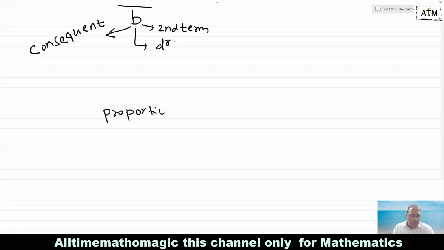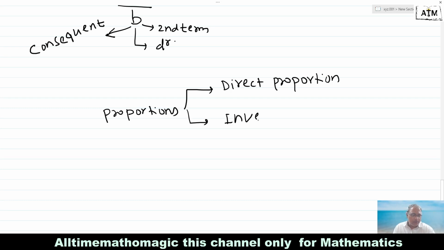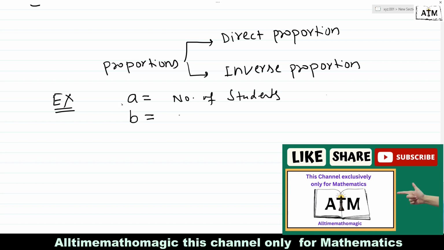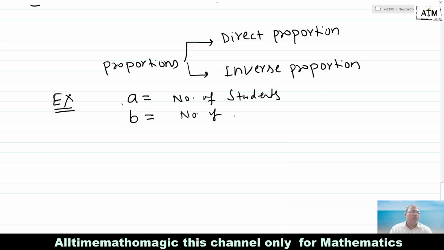Proportions are of two types. One is direct proportion and the second one is inverse proportion. Example of direct proportion: if A equals the number of students and B equals the number of notebooks.